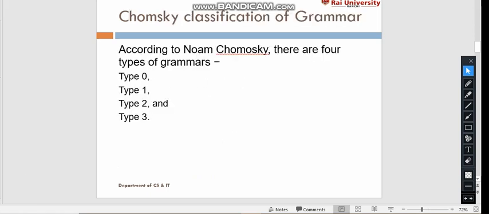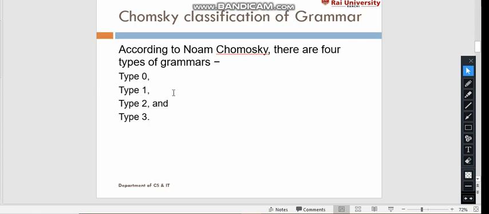Now, move to the Chomsky classification of grammar. Noam Chomsky was a scientist, and according to him, he classified grammar into four types, that is type 0, type 1, type 2 and type 3 grammar. Type 3 grammar is also known as regular grammar. Type 2 grammar is known as context-free grammar.